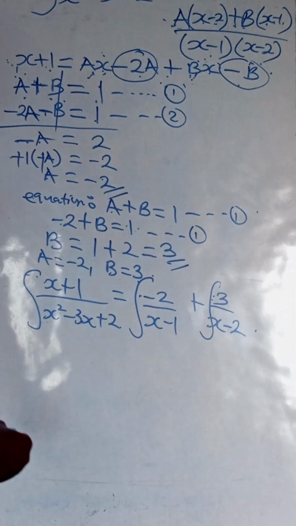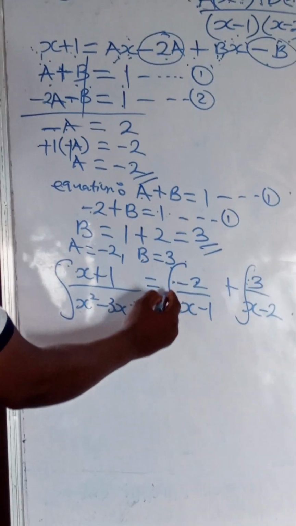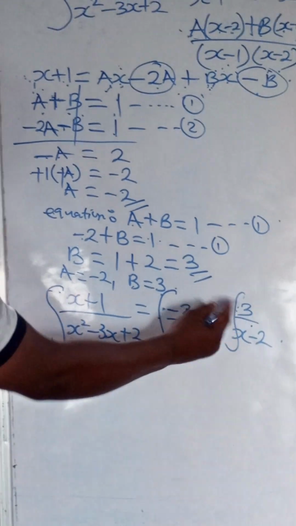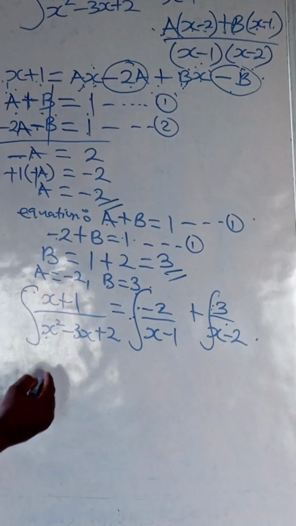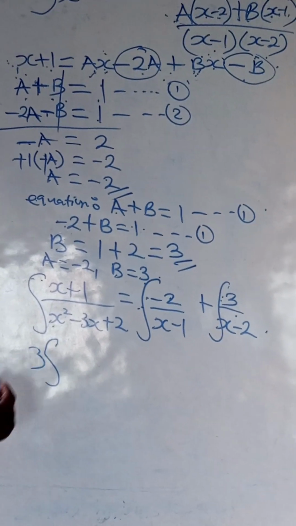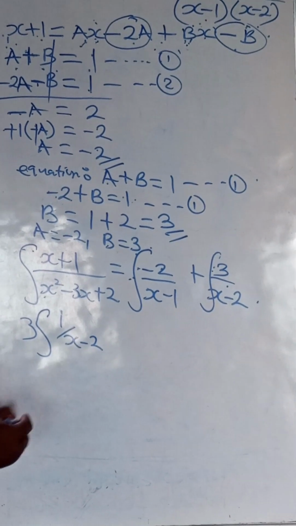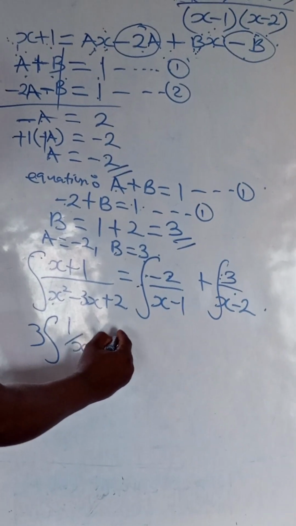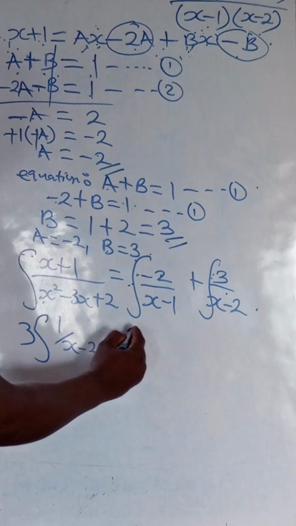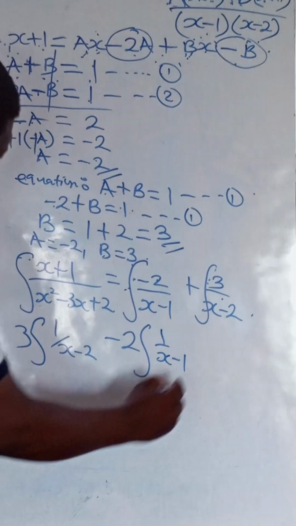Now I can rearrange the value by interchanging the terms. Then 3 will be out here, 1 over x minus 2, and minus 2 will be out here, then 1 over x minus 1.